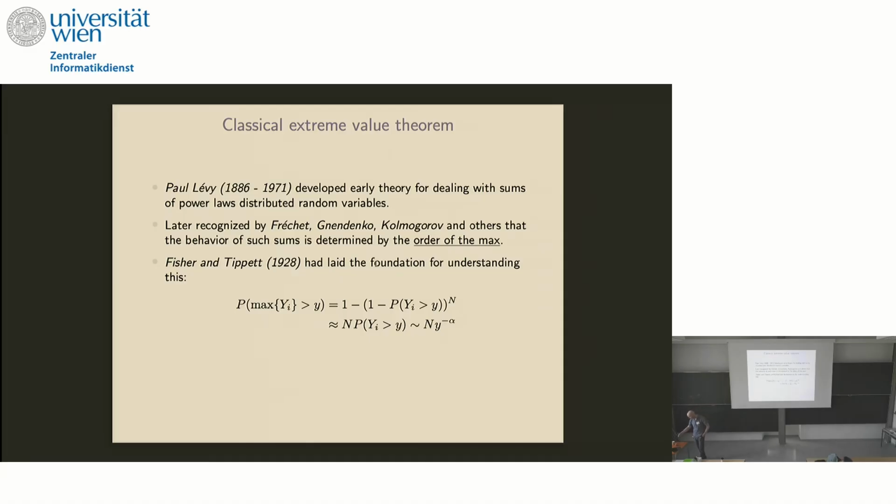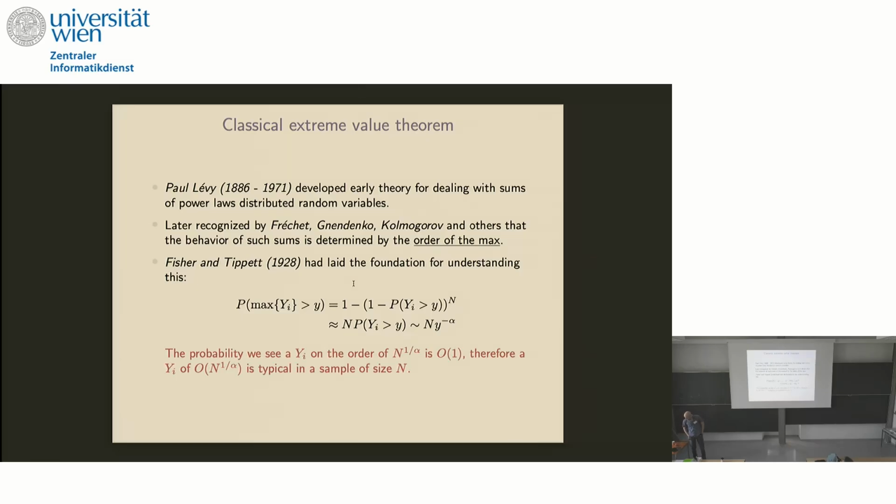And if you do this with power laws, what you find is that the max also has asymptotically a power law form. If I look at the max of n independent power law distributed random variables, approximately I'm going to get n times y to the negative alpha, if it's decaying as a power law with exponent alpha.